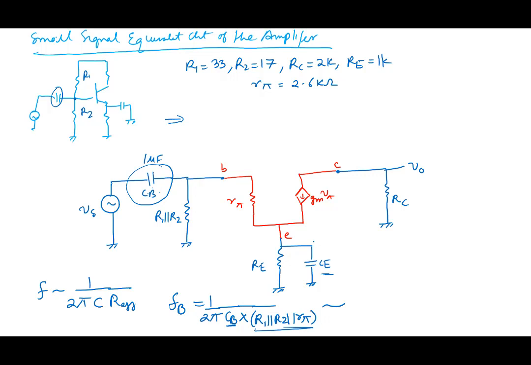So I think R1 parallel R2 is around 11.22. How much is this? 2.11K.